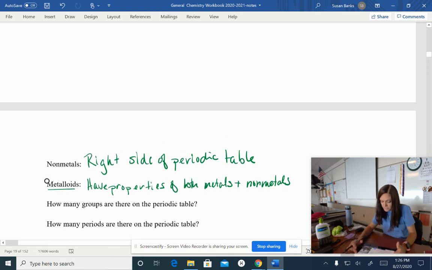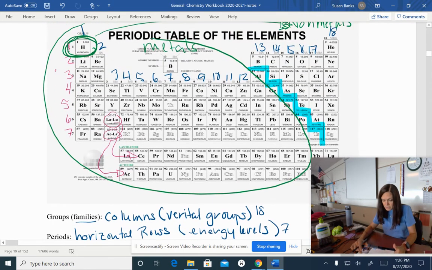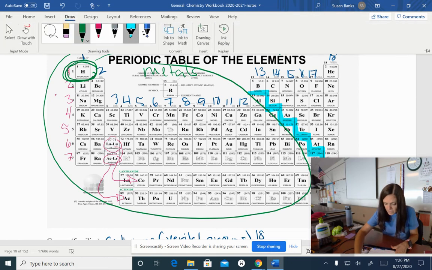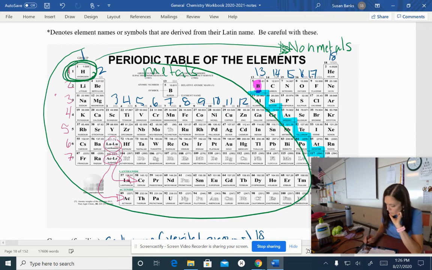I'm going to highlight the metalloids with a different color really quick. So let's grab another highlighter. I'm going to highlight those guys in kind of this magenta. So the metalloids: boron, silicon, germanium, arsenic, antimony, tellurium.